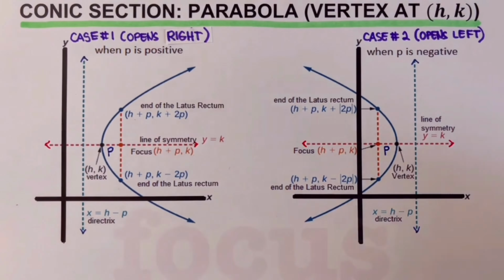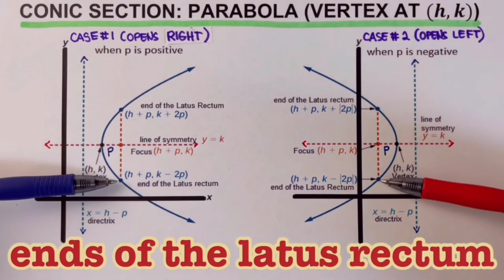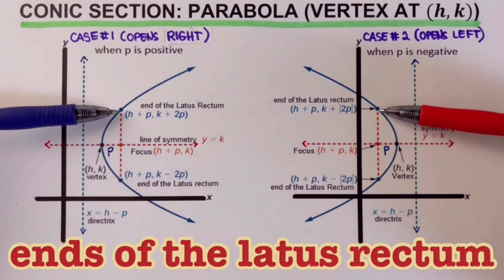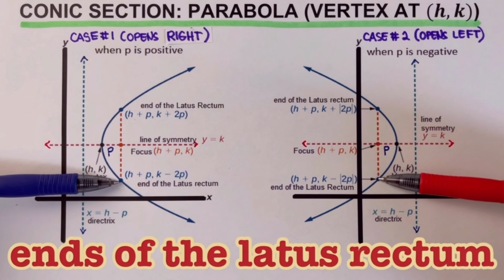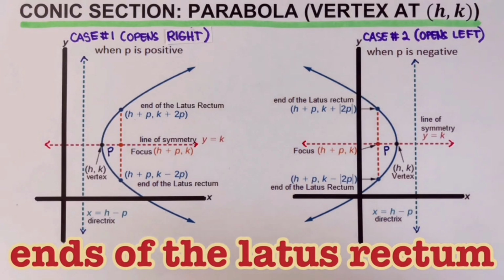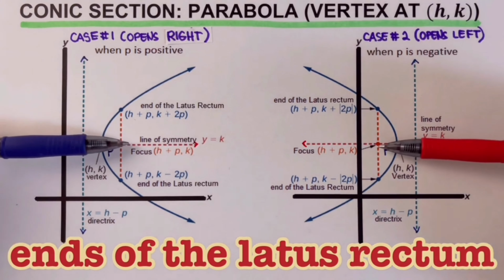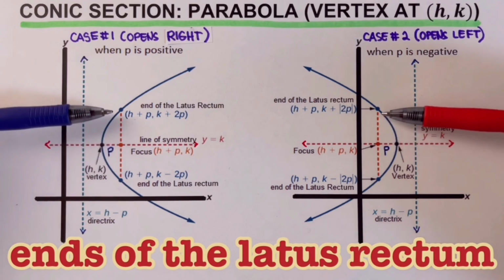Another part is the ends of the latus rectum. So these 2 points that we have here are the 2 ends of the latus rectum. We need these 2 ends in order that we can graph the parabola from the vertex. Now we remember that the distance from the focus to one end of the latus rectum is 2p.